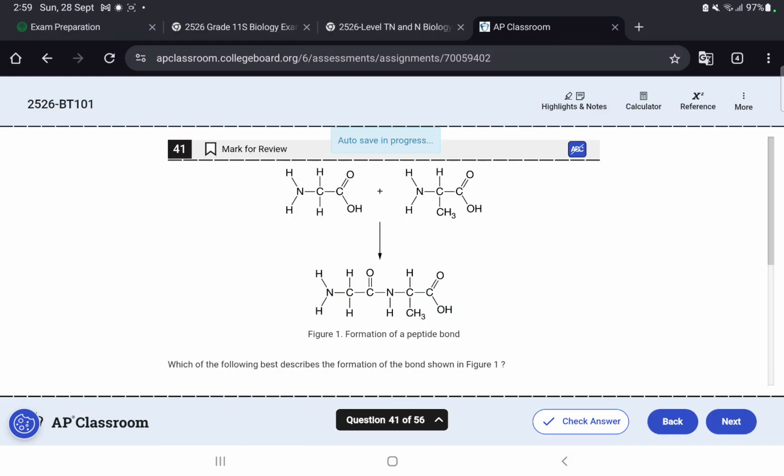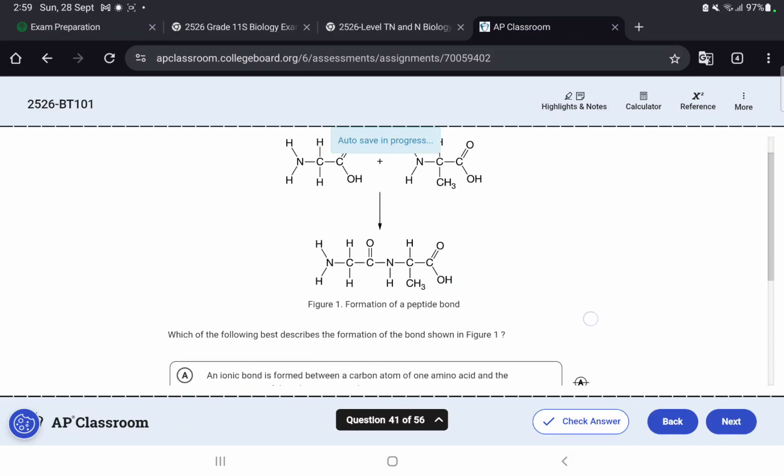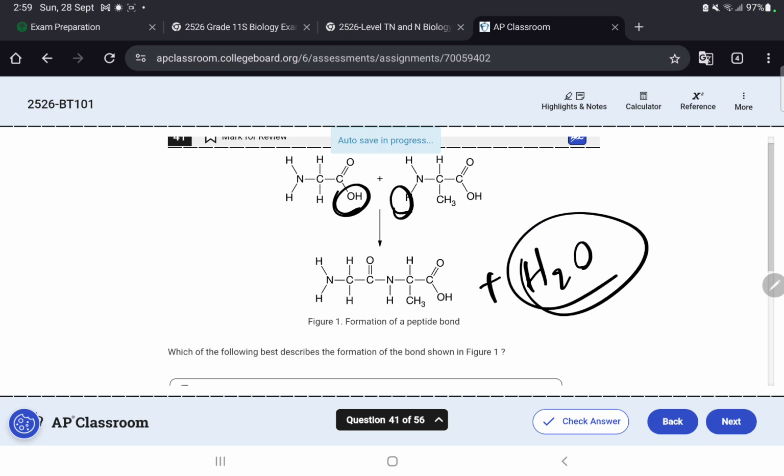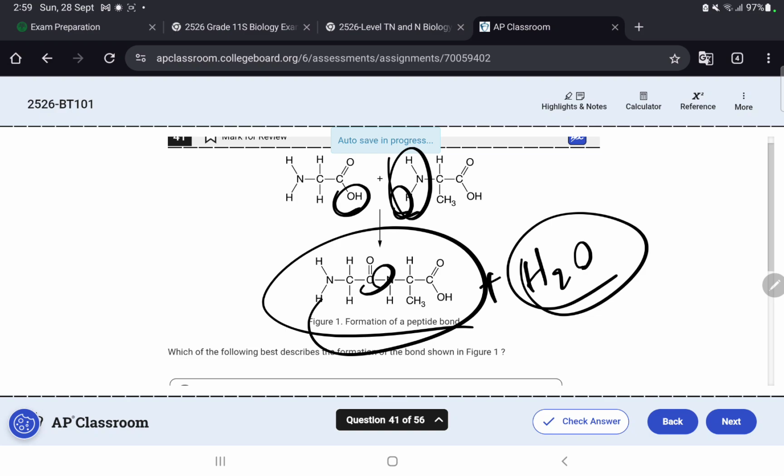Correct. Which of the following best describes the formation of the bond? Here, obviously, enzyme attaches, OH is gone, H is gone, H2O is produced, peptide bond is produced. Why is it a peptide bond? Here you have the amino terminal, here you have the carboxyl terminal. When these two terminals bond, it's going to be a peptide bond.